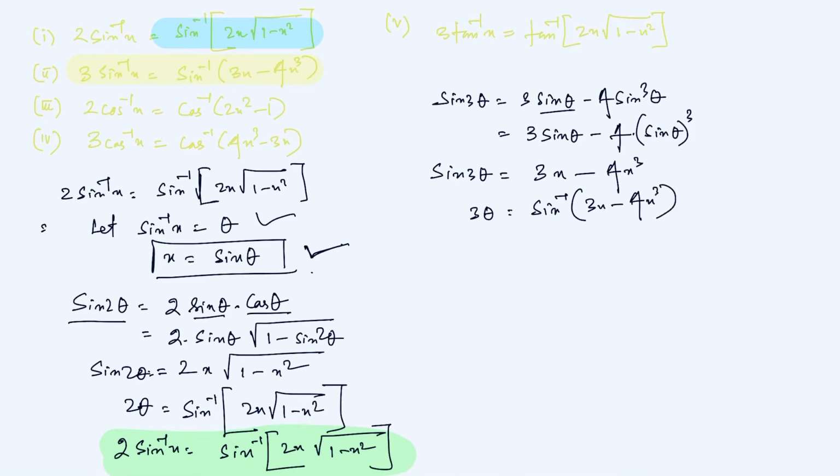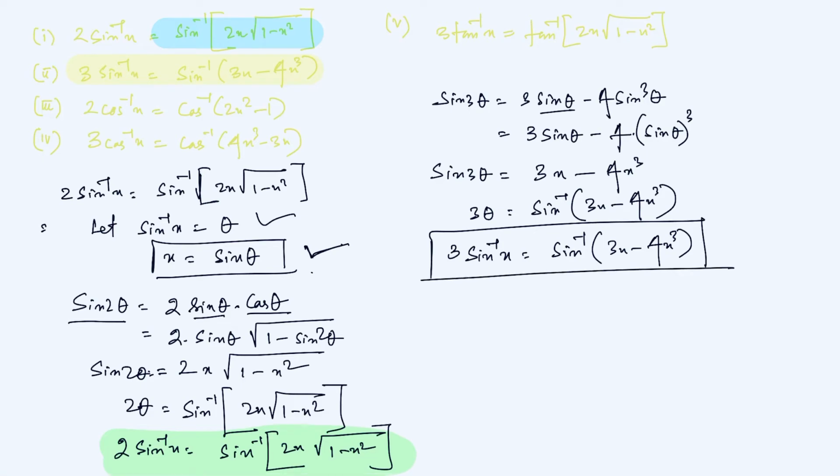Now theta is equal to sine inverse of x. Replace this theta by sine inverse of x. So 3 into sine inverse of x is equal to sine inverse of 3x minus 4x cube. This is the final answer we wanted to bring.